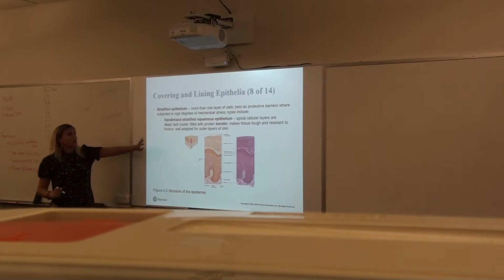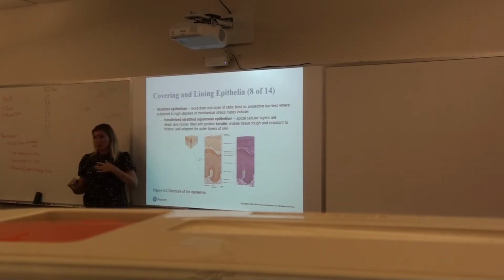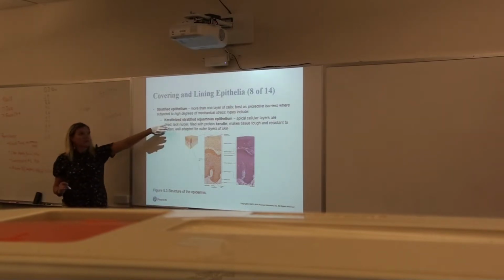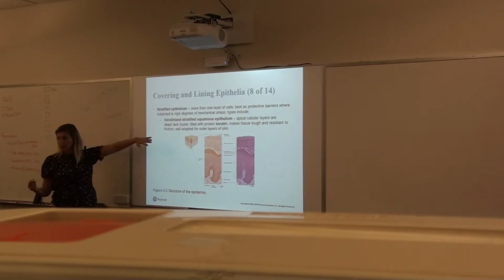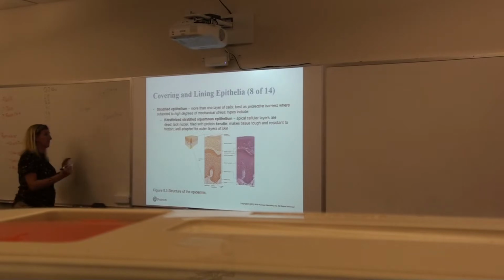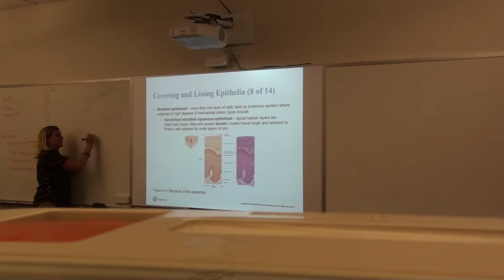And so stratified epithelium is one that has more than one cell layer. There is a type of stratified squamous that's called keratinized stratified squamous epithelium. So this keratinized stratified, it's a mouthful, squamous.